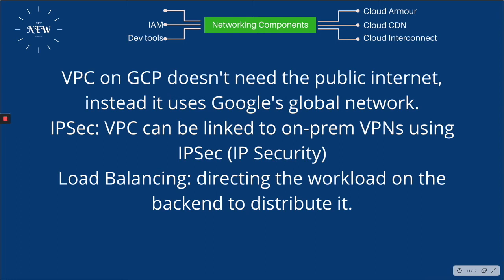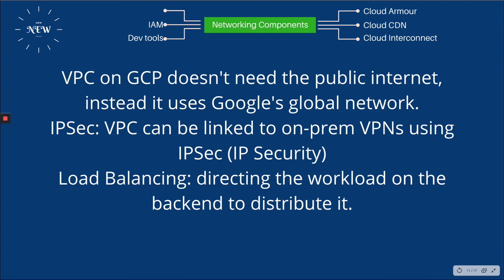VPCs can be linked to on-prem VPNs, and that makes it slightly less secure than we'd like it to be, which means that if you're using the internet, you're really going to need to secure your VPCs. So you can link it to an IP security, which is Internet Protocol Security, IPsec.